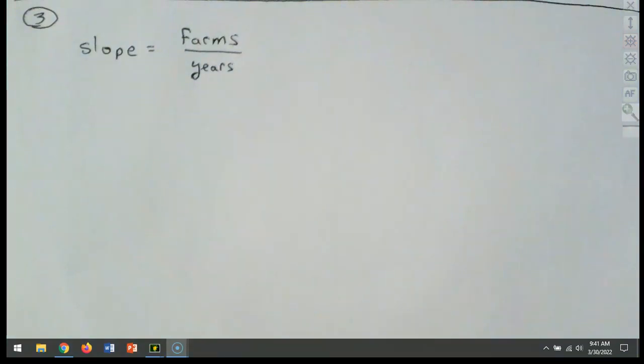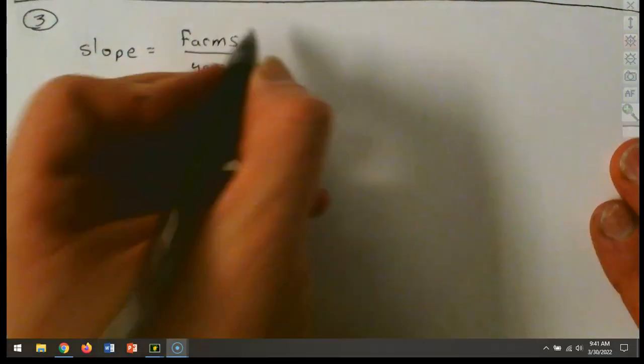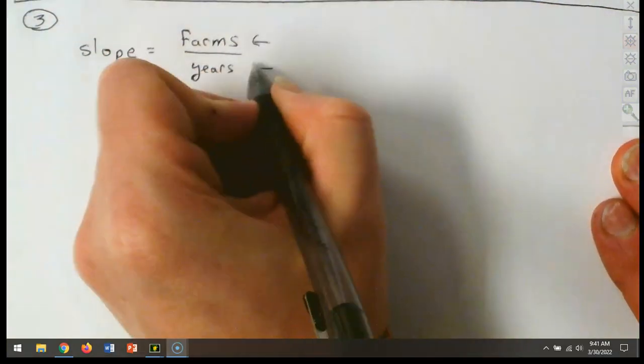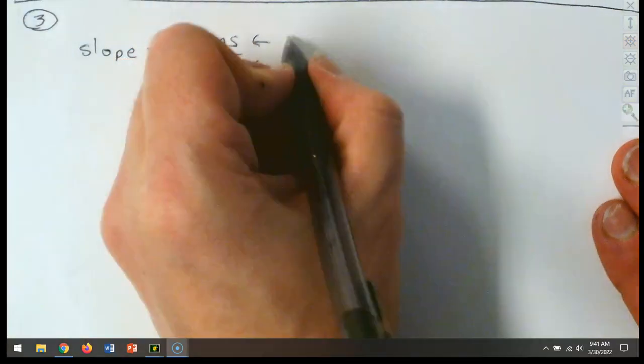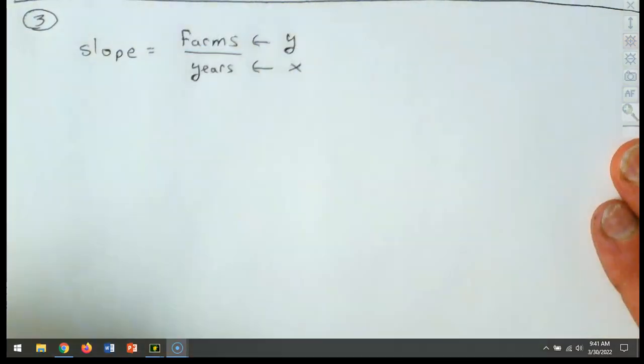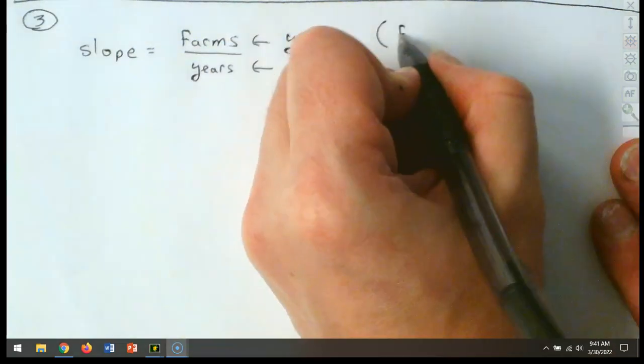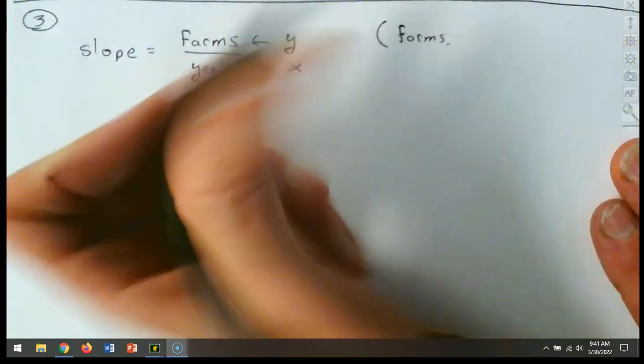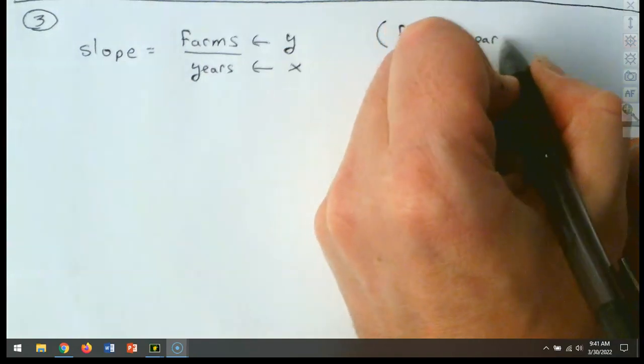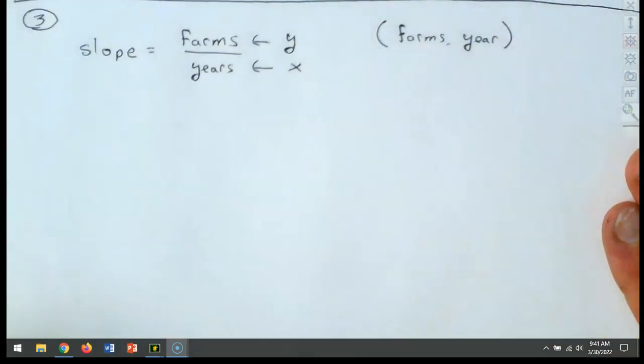Now, what do we have as our ordered pairs? Okay, when we look at this, and this is our slope. Remember, our slope is y over x. So when we look at this, our ordered pairs are going to be farms and the year. So let's make our ordered pair so we can fill in our formula.